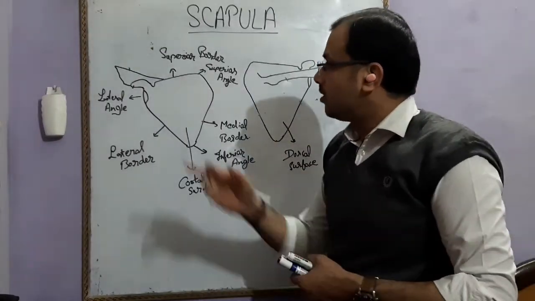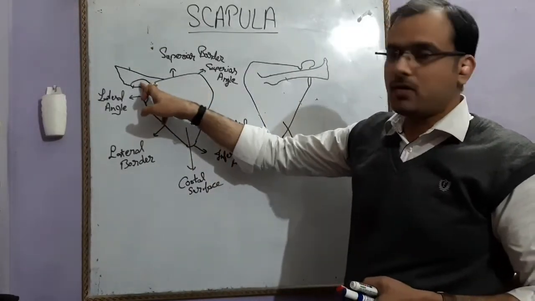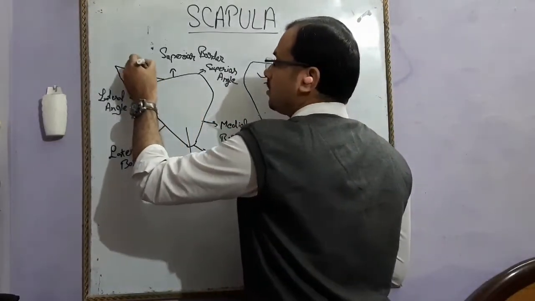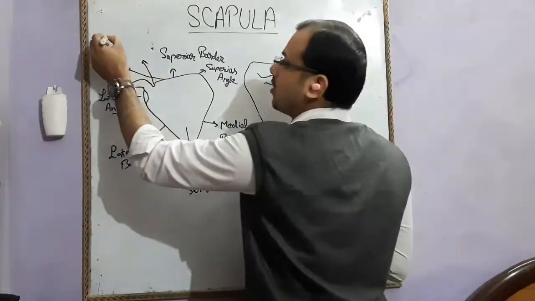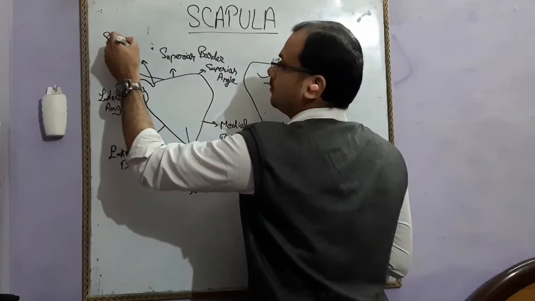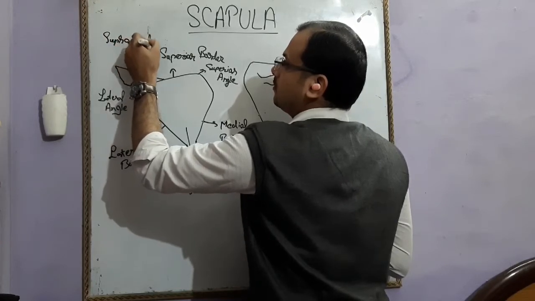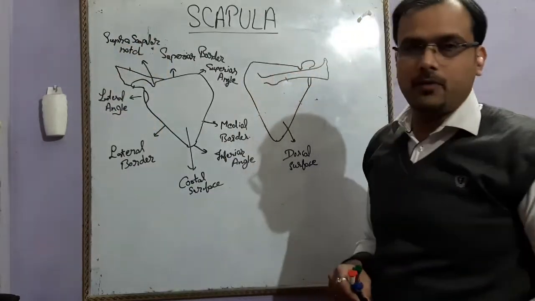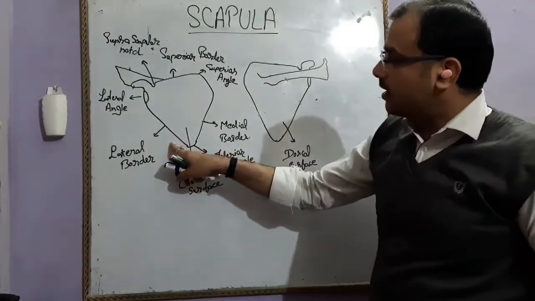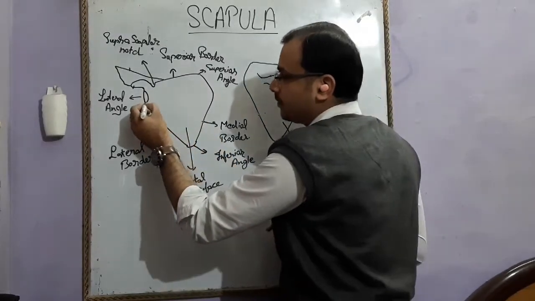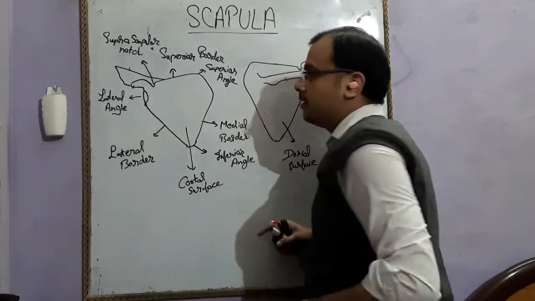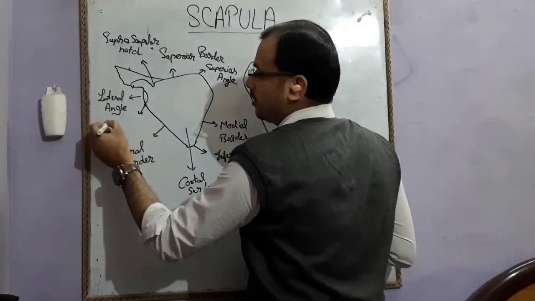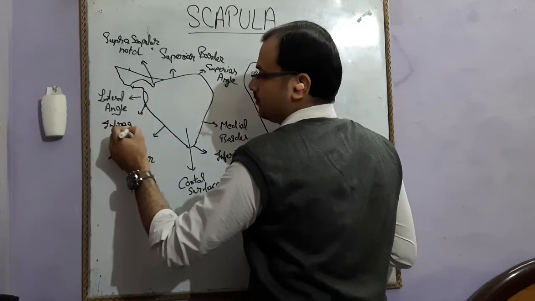Now, on the superior border near the coracoid process, one notch is present. This notch is known as the suprascapular notch. On the lateral border, just below the glenoid cavity, a tubercle is present known as the infraglenoid tubercle.